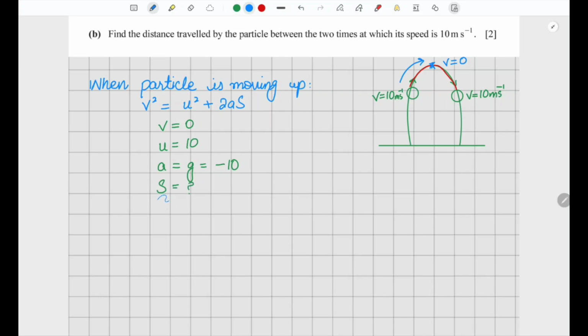So let's put in the values. 0 squared equals initial speed 10 squared plus 2 times minus 10 times s.